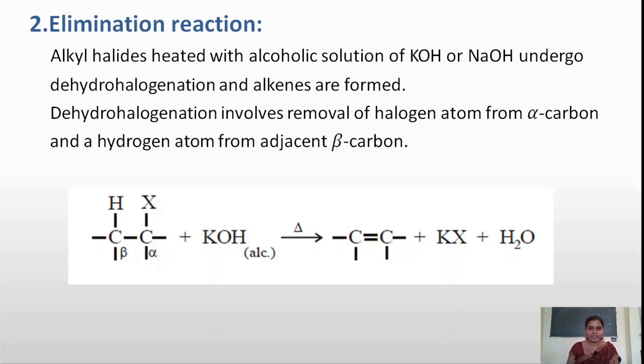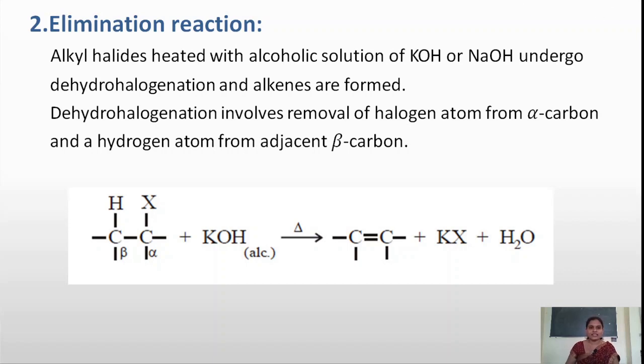Since there is a removal of hydrogen and halogen, the reactions are also called dehydrohalogenation reactions. You know that the word de means to eliminate, and dehydrohalogenation means there is a removal of hydrogen and halogen in this reaction.